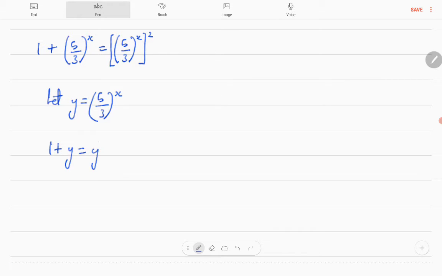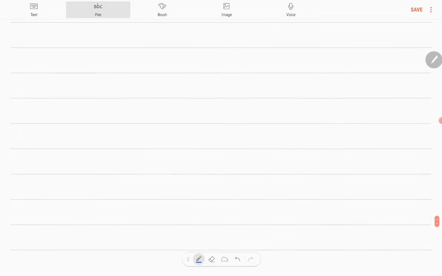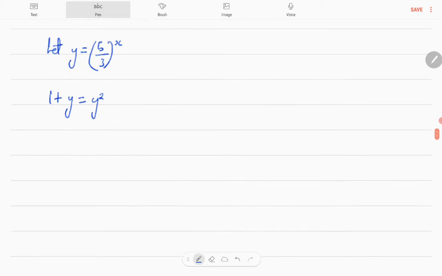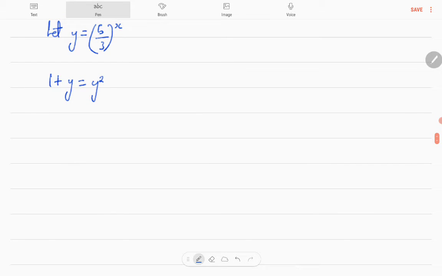We have squared here, so we have y squared. And of course, I can make this as y squared minus y minus 1 is equals to 0.